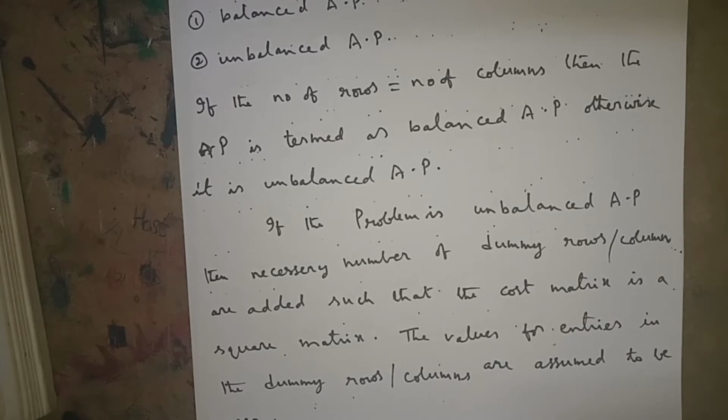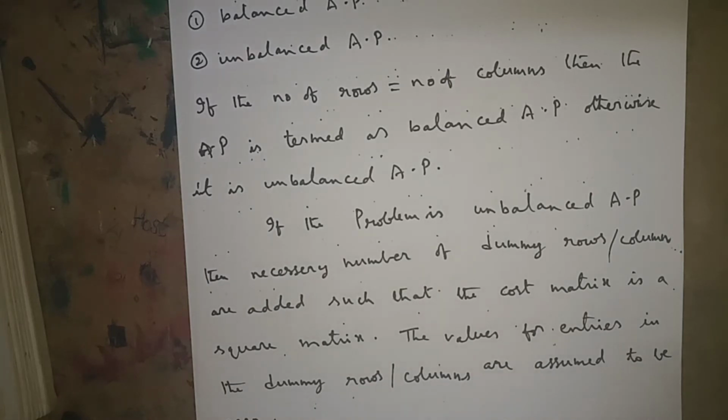You have to add the necessary number of rows or columns. For example, in one problem only 4 rows and 6 columns are there, so it is an unbalanced AP. To convert such an unbalanced AP, you have to add 2 dummy rows having all entries zero: 0, 0, 0.